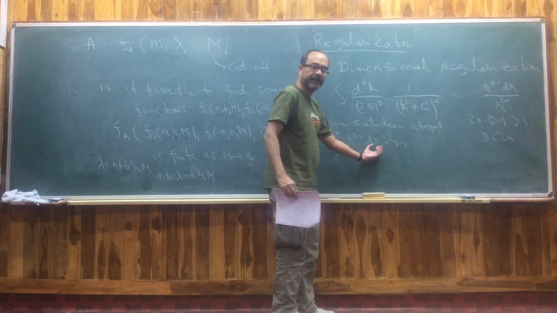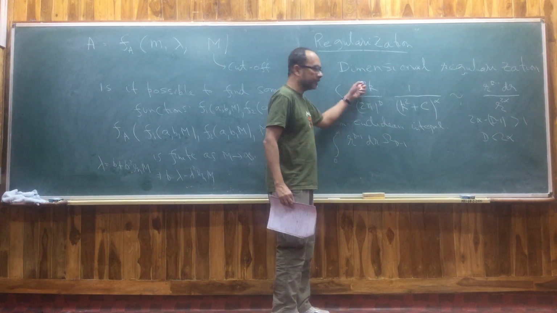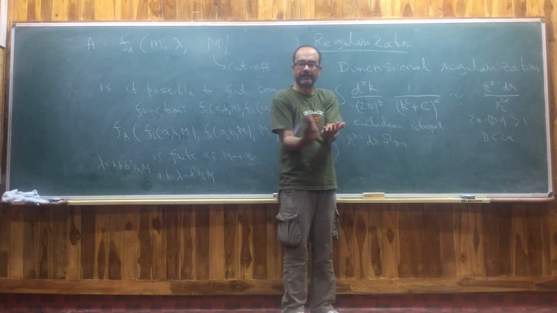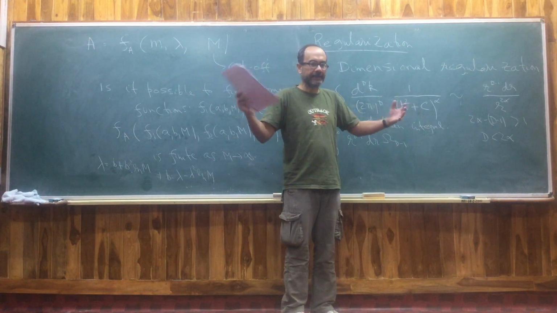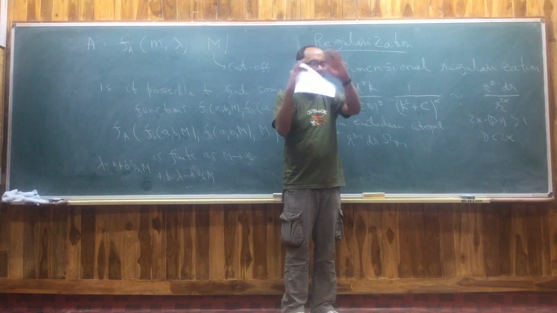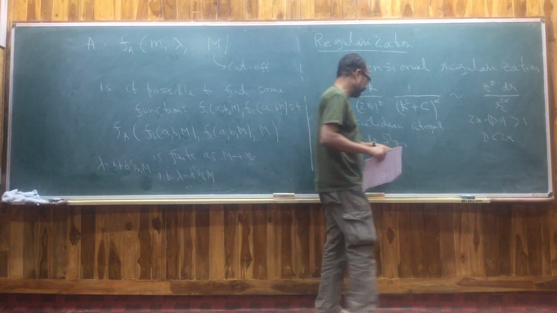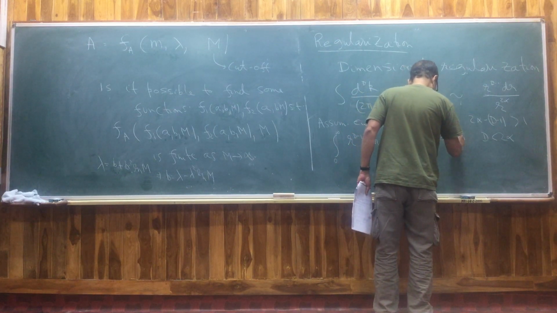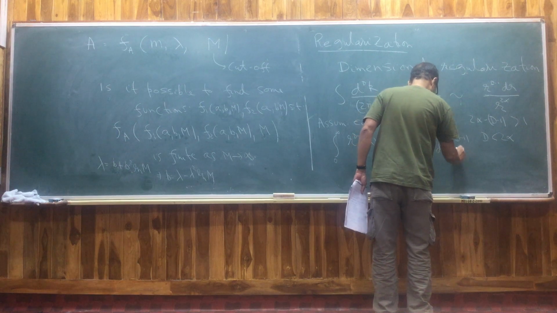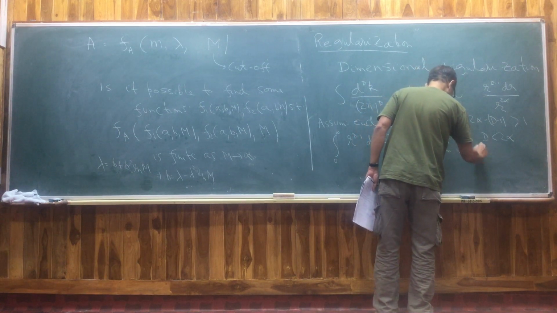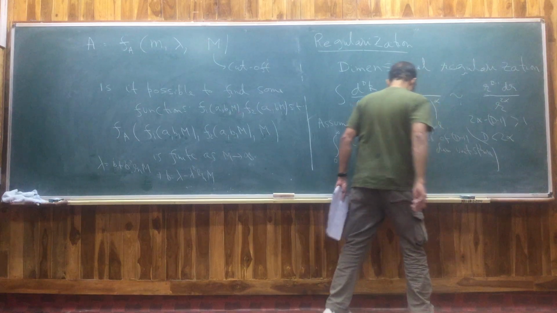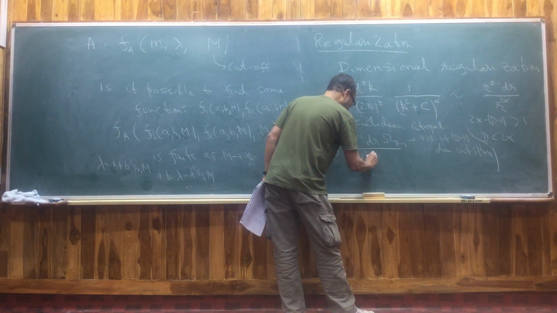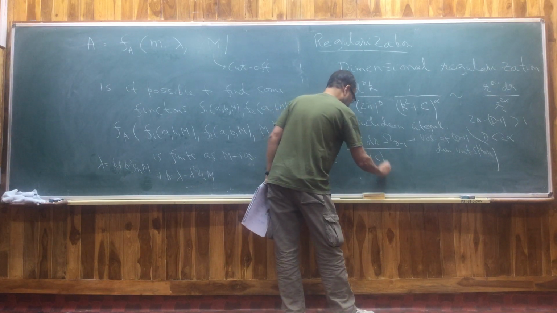This is the volume integral r to the d minus 1 dr because this is a d-dimensional integral. Omega d minus 1, why? Because it's a d minus 1 dimensional sphere. If you have a d-dimensional integral, you write it as a radial integral and a d minus 1 dimensional unit sphere. So this is the volume of the d minus 1 dimensional unit sphere, divided by r squared plus c to the power alpha.